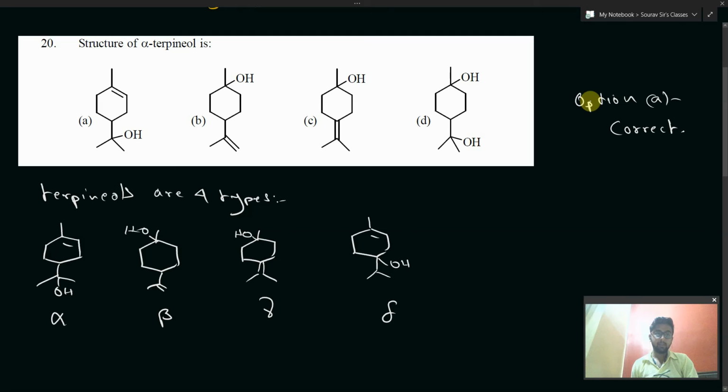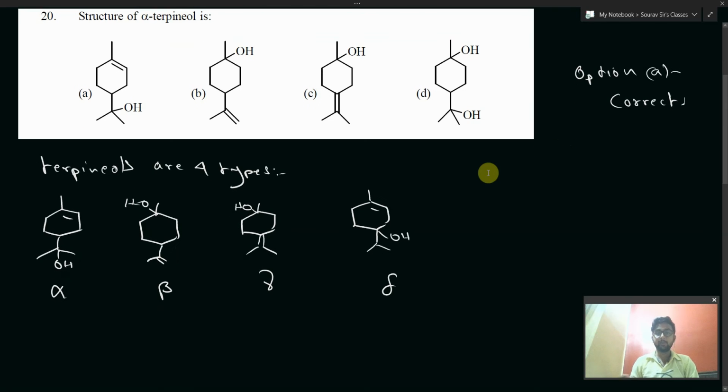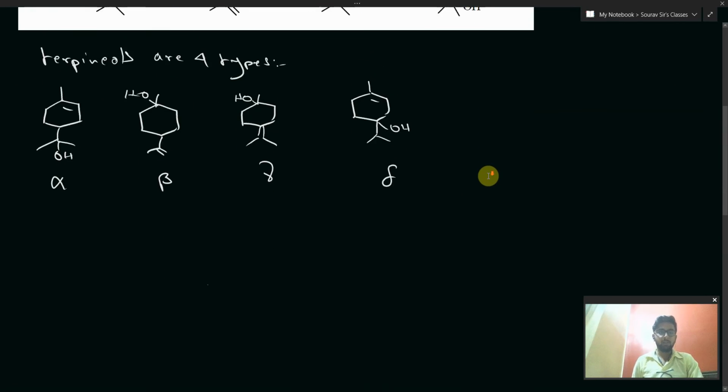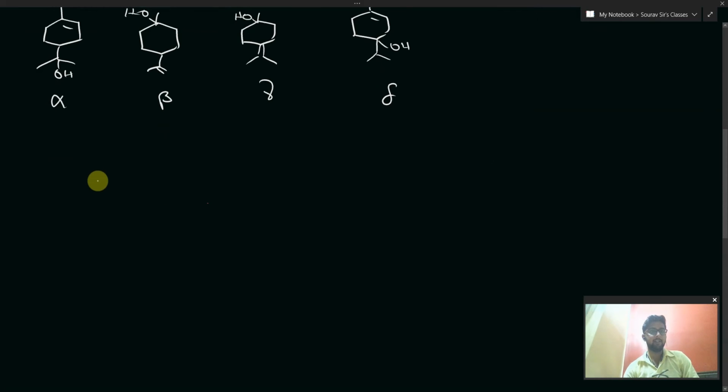We are not using chemical reagents in this case; we will be using certain types of bacteria and biological reagents or enzymes for conversion of alpha, beta, and gamma. Let me show you the conversion of the terpineol, so it will be easy for you to understand the mechanism correctly.